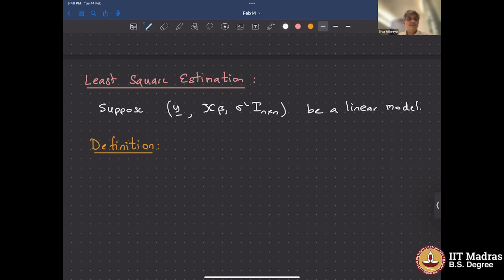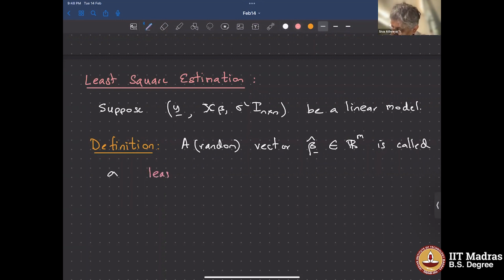A random vector beta hat, belonging to R^m in my case, is called a least squared estimate of beta. So beta is the thing in the linear model, the parameter, if the following is true.